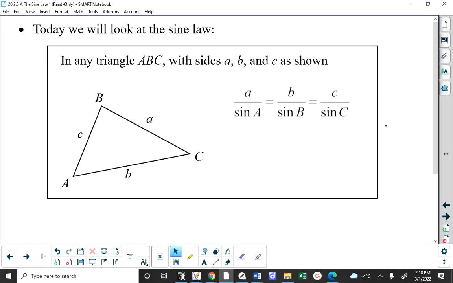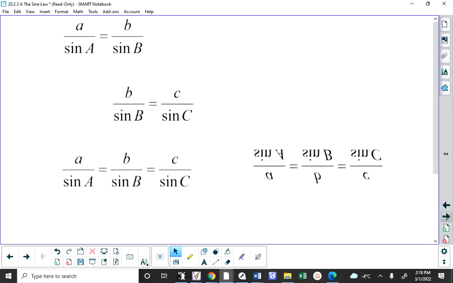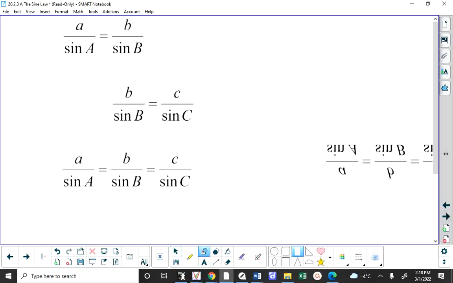This formula is actually three formulas.